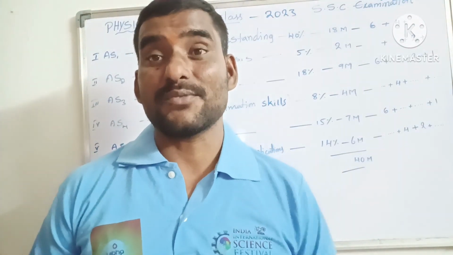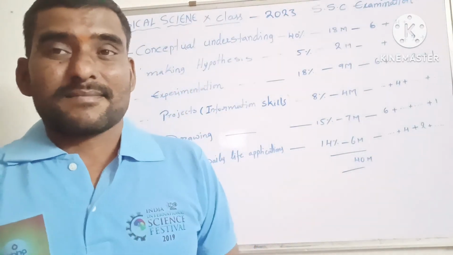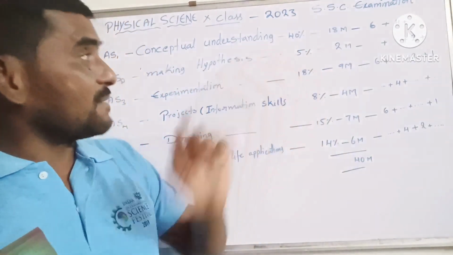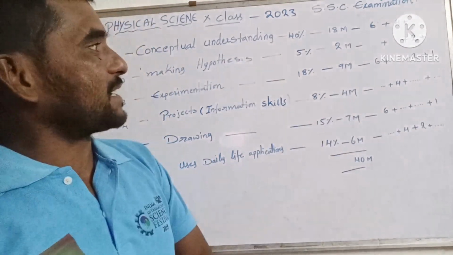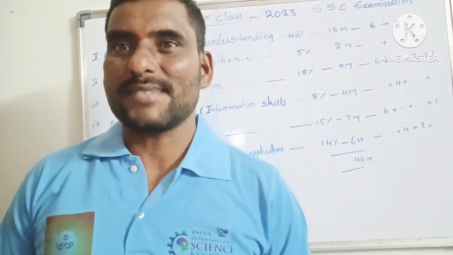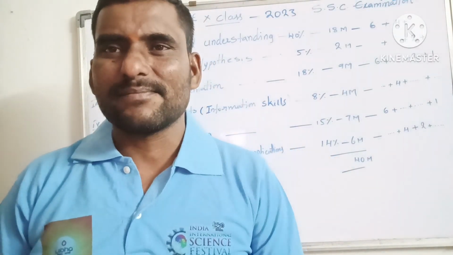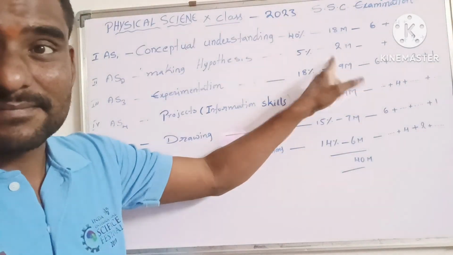If there is no scattering, what would happen? Like this. It is very important to get 10 by 10. At least one question for 2 marks we can expect. For hypothesis, you just have to imagine and write. It is very, very important.